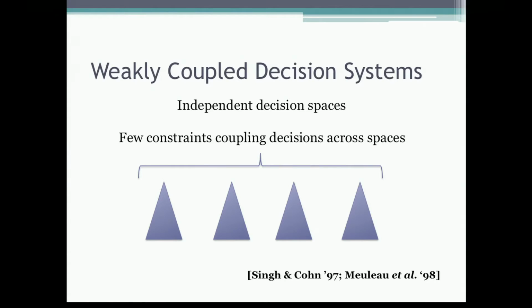You have sort of independent decision spaces. In the case of maximum value, every box has its own decision space, which is what to do with the box. And there are very few constraints that connect things together. The one constraint was that you can only choose one box. The other constraint is that you can open only k boxes. There are only two constraints.